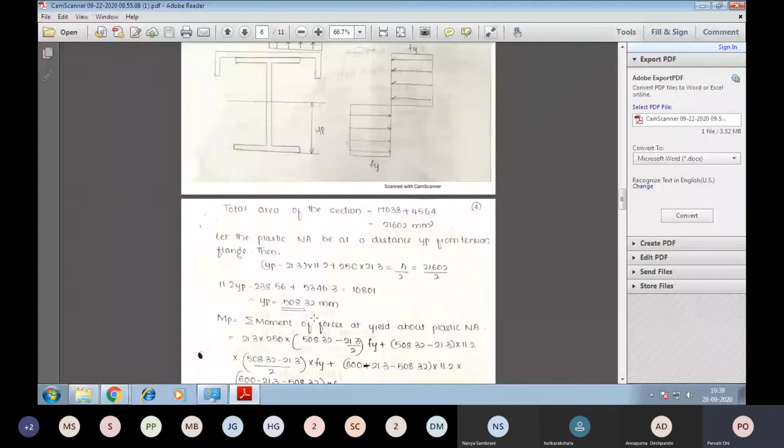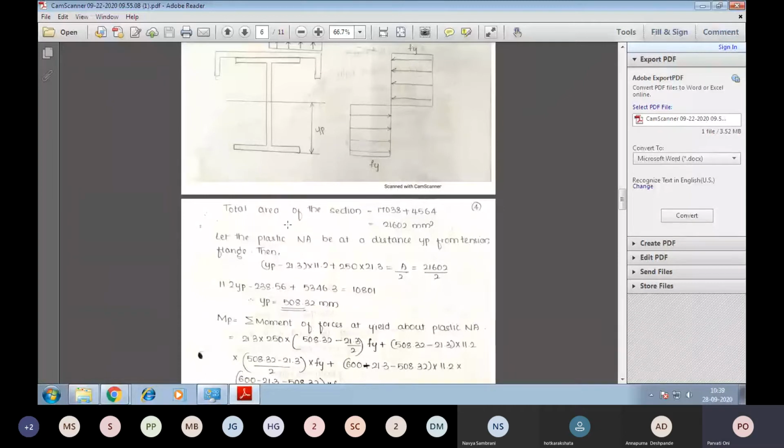This area into the distance of CG of this flange till the plastic neutral axis into Fy will give you the MP of this flange section. The plastic moment of this flange section will be area into distance of CG of this flange till NA into Fy, that is the yield strength of the steel.